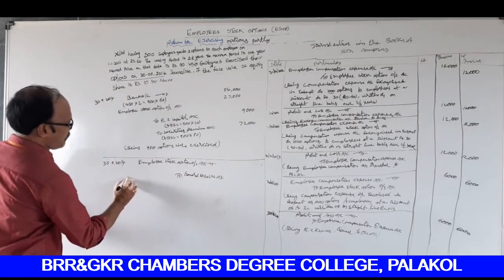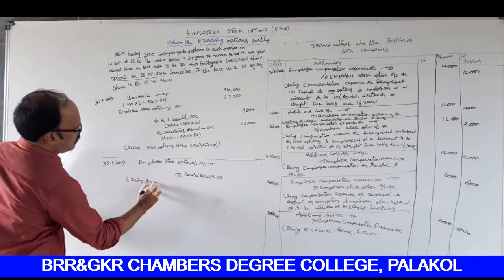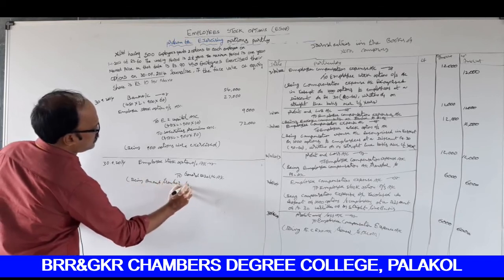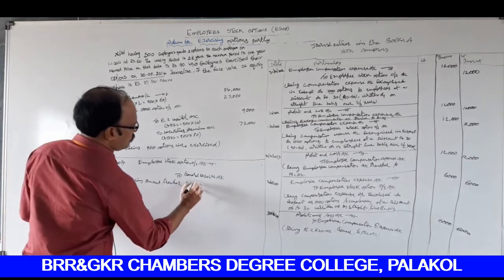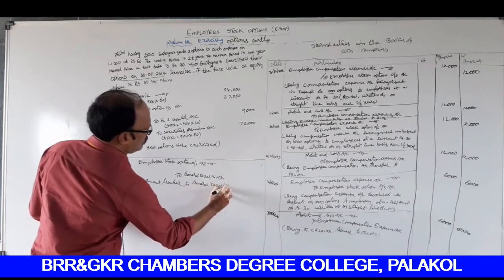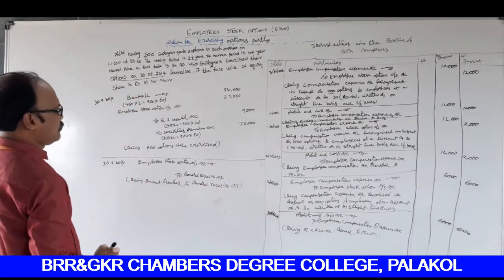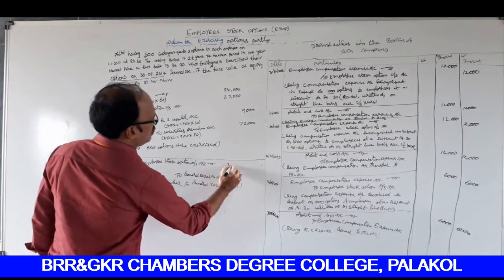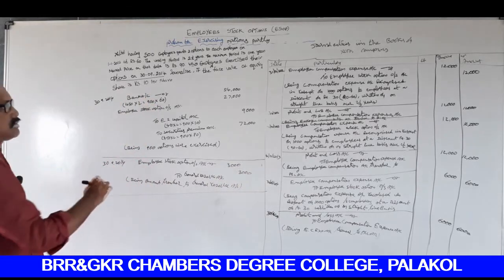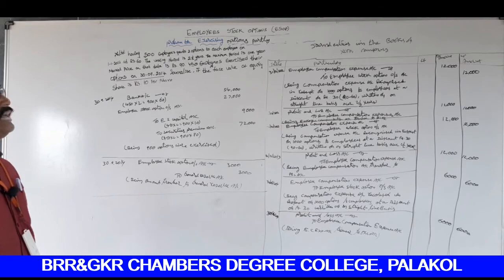Okay, being amount transferred to general reserve account. How much? 3,000. These are the general entries. Problem for exercising partly paid.